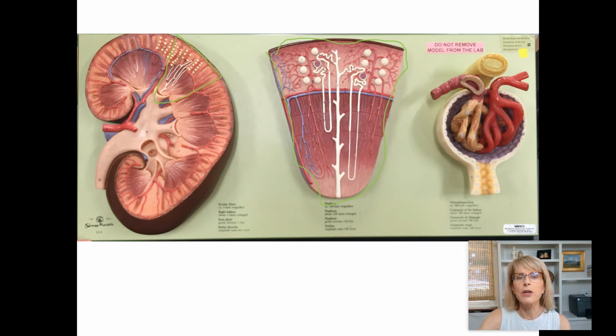And we have blown this up so that we could see even more detail of the path of blood flow and the path that fluid is going to take. And then we need to blow it up even more. So if we took this part right there and blew it up even more, we would see this, okay? So what you're looking at here, please know that that is not a urinary bladder, okay?